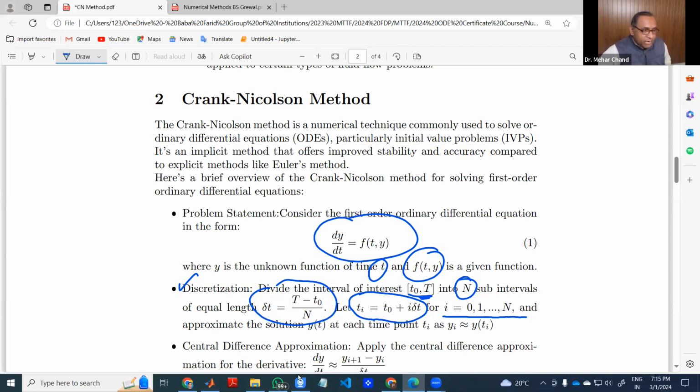The interval will be divided into sub-intervals following these points. And we will approximate the solution y(t) at each time point ti as yi, approximately y(ti). So this is approximate, not the exact.